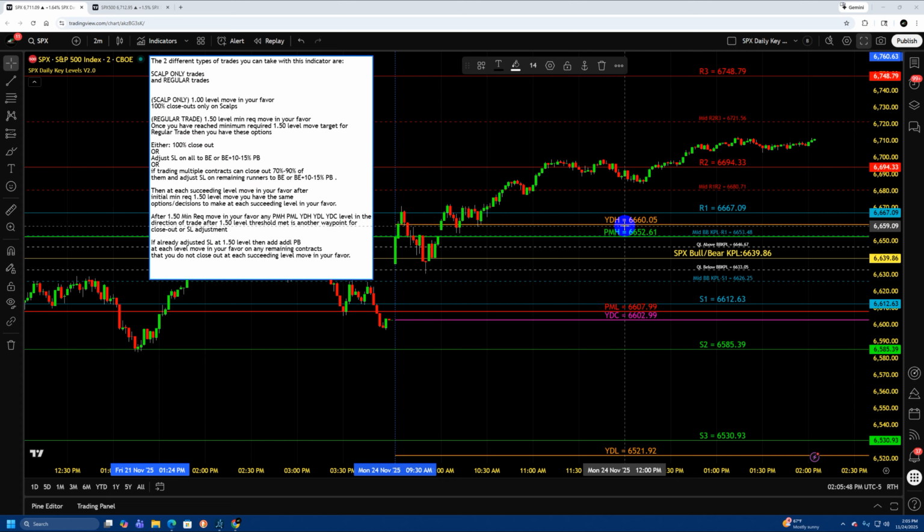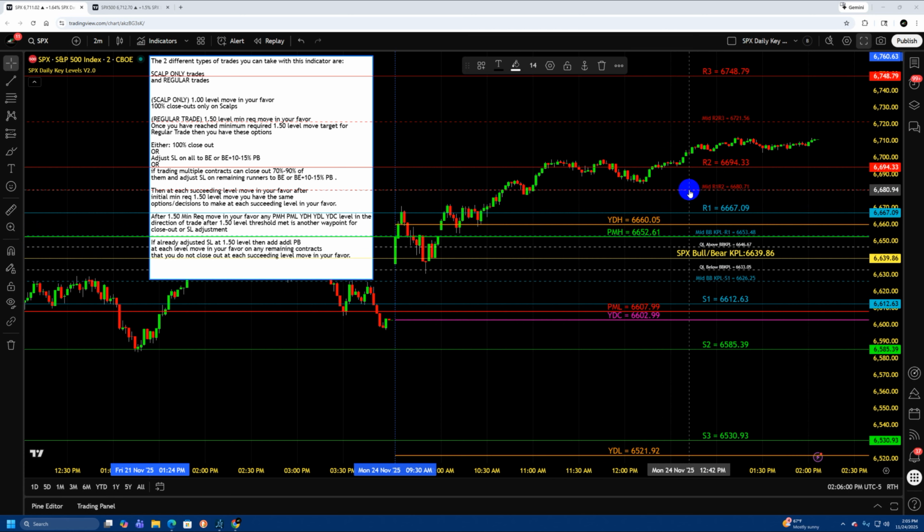In this case, on a bullish trade, in this particular session, none of those levels happen to be in the direction of this trade from this level after the 1.5 level move has been met.